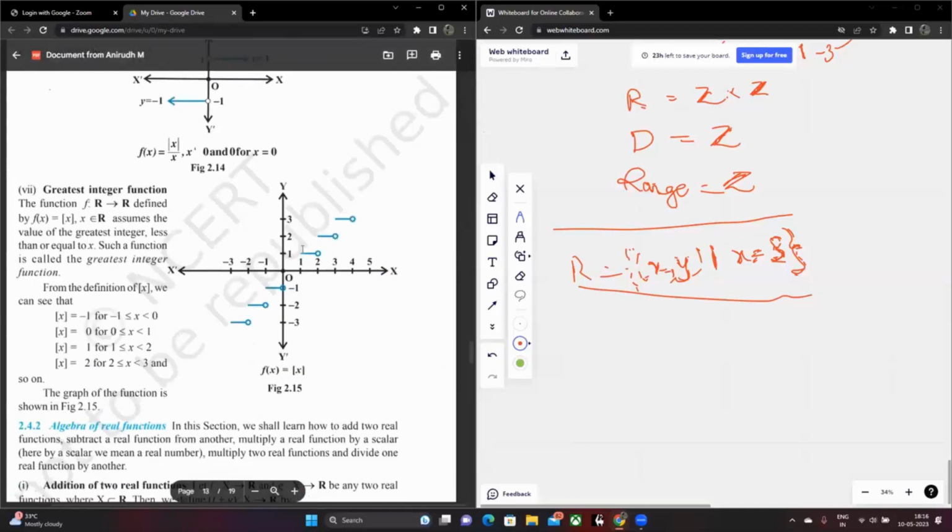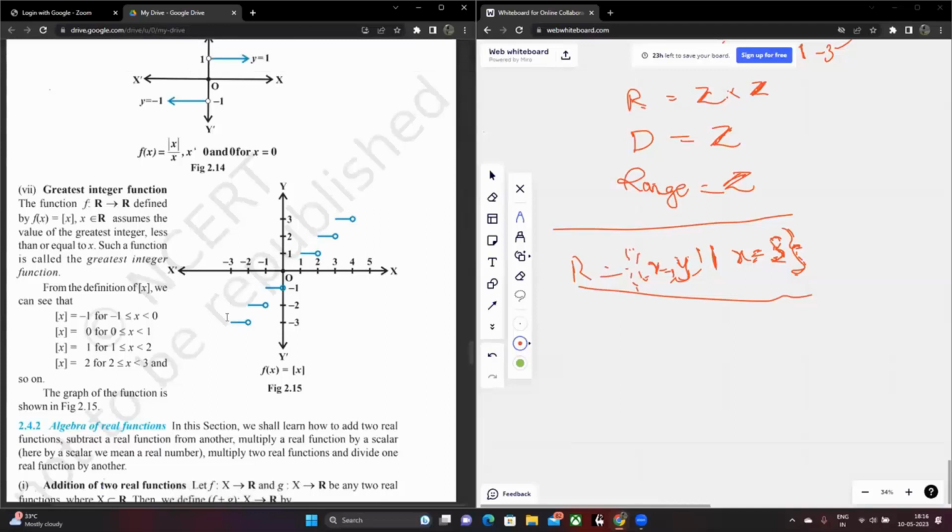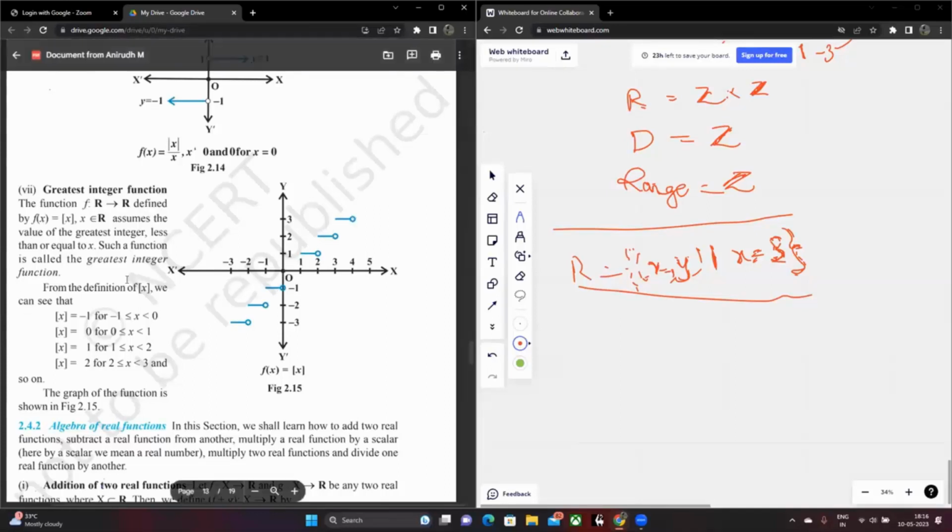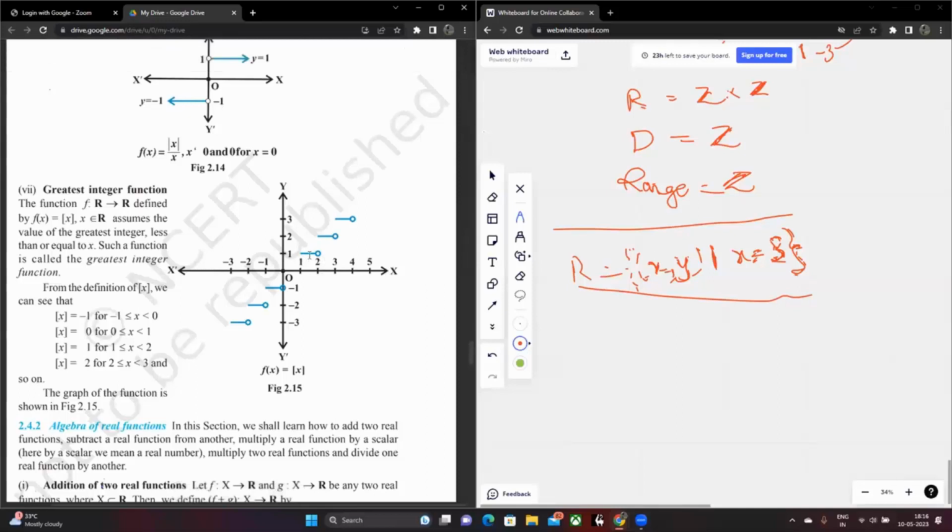You have the GIF, which is the step function, a series of steps, which denotes the greatest integer less than or equal to any real value x. So from minus 3 to minus 2, your GIF of x is minus 3. From minus 2 to minus 1, when minus 1 is not included, your GIF is minus 2.